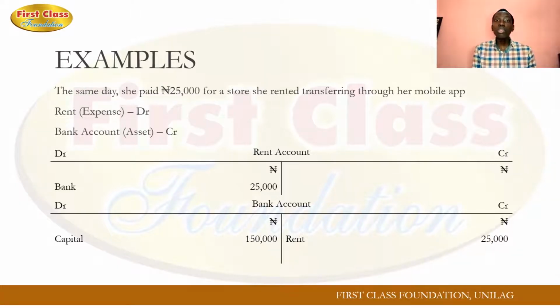So we are following through the initial ledgers that we opened for the first transactions. That's why you see capital is still in the bank account, because there was an initial capital which we debited to bank. So we are following through. What we are just doing is to bring the bank account from the previous slide to this and include the new entry into it.